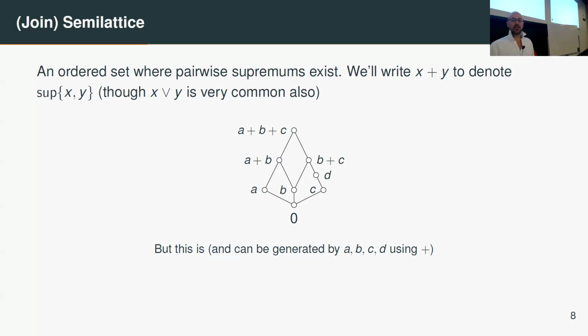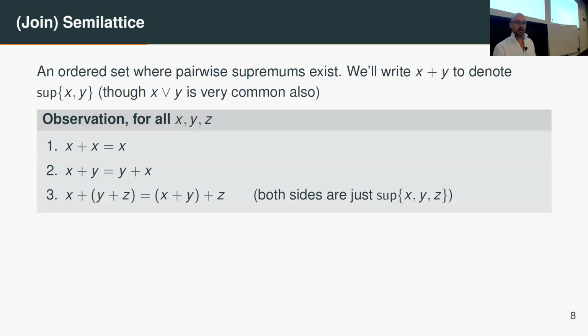So we have some generators for this semilattice, and I'm counting 0 as being given for free, so it's like a constant. That's not really very important, but I think it's a cleaner framework for this. I'll skip over this as well, but we can start completely algebraically. It's just a semigroup, so an associative binary operation that happens to be commutative and idempotent.